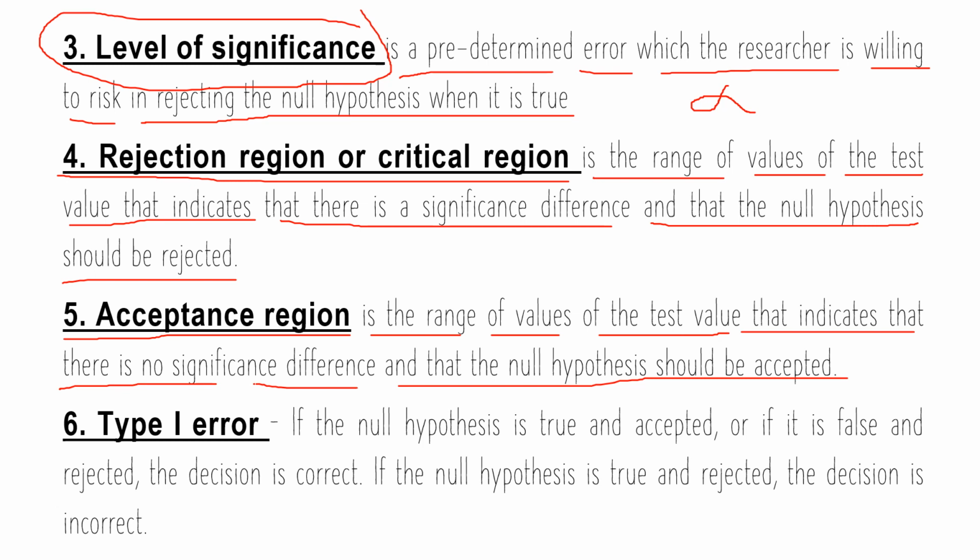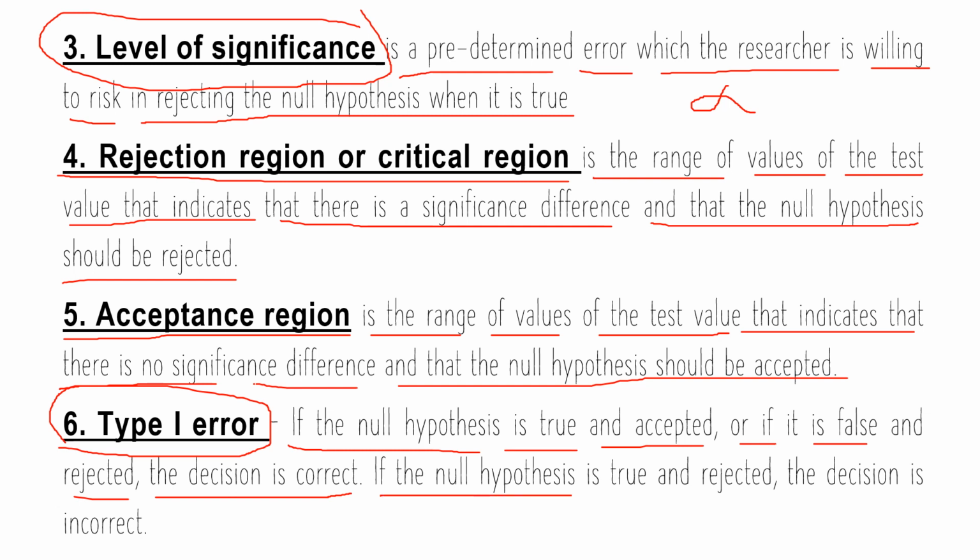Now, for the sixth term, the type 1 error. If the null hypothesis is true and accepted, or if it is false and rejected, then the decision is correct. Now, if the null hypothesis is true and rejected, that will be a type 1 error.